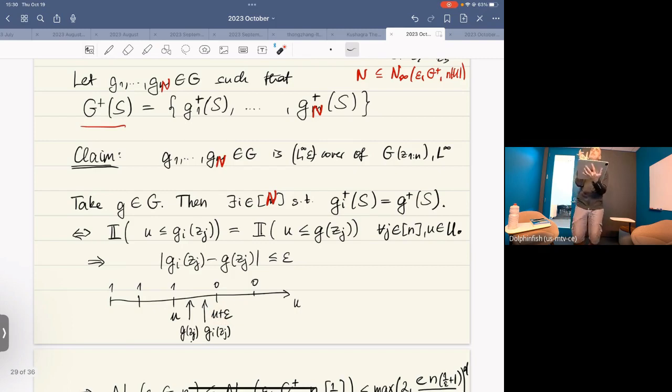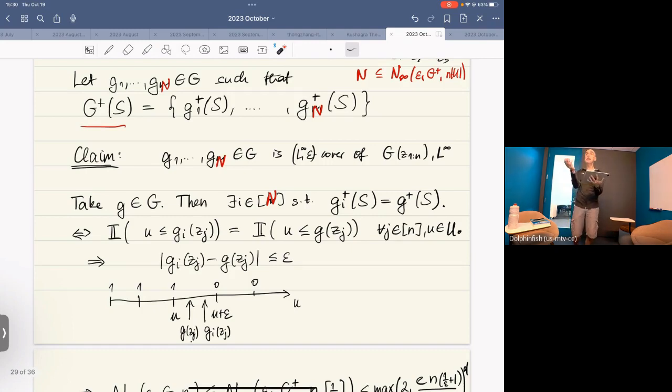They are at most epsilon away from each other, and therefore it follows that G_i evaluated at any point Z_j has to be epsilon close to G when G is evaluated at Z_j as well. Okay.